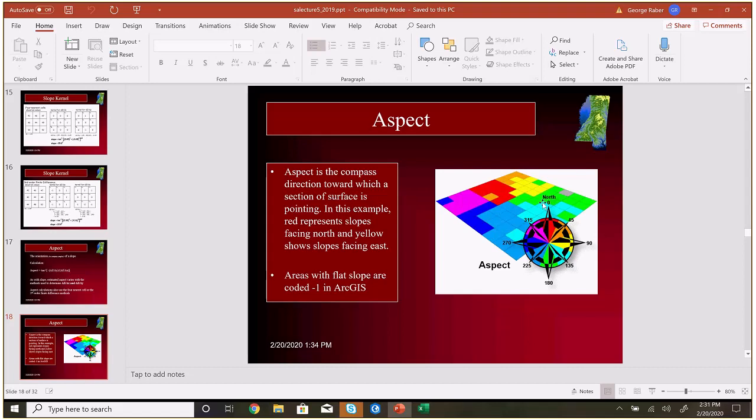Because 0 and 360 are the same. Areas with a truly flat slope, in other words, if the slope is 0, are coded -1 in ArcGIS in the output of an aspect. So if you're looking for flat areas, you could calculate aspect and then do a conditional statement or a remap statement that said, if it's -1, make it a certain value.